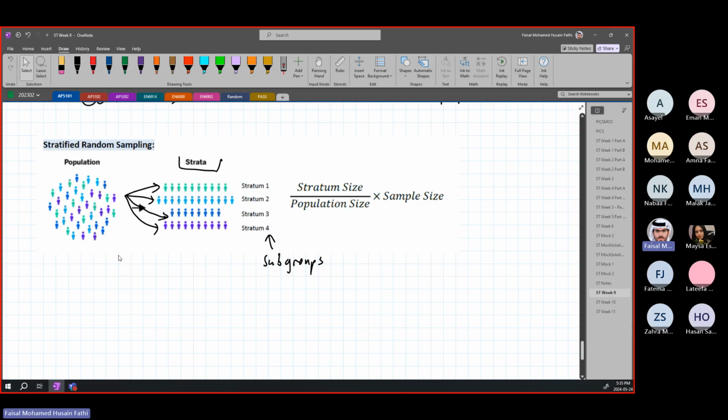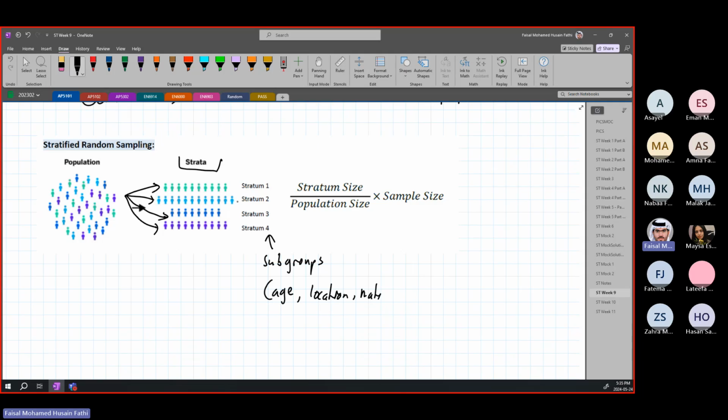So these groups are split into subgroups depending on, for example, either age or location, where they're specifically from, like the city they're from, or nationality, basically, and all of that. And you will split them depending on that.